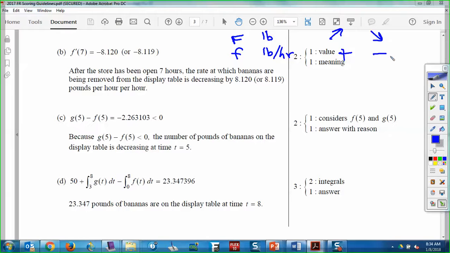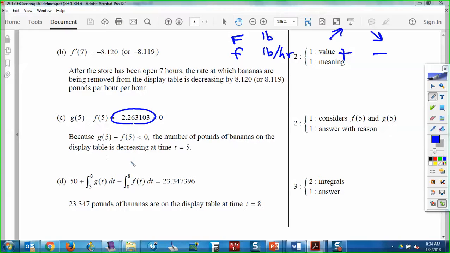So I have to think, what's pounds per hour in this problem? Well, F and G both are. G is bananas going on, F is bananas coming off. So G minus F would give me the pounds per hour at 5. All I have to do is take my calculator, plug a 5 into G, plug a 5 into F, and I get this.